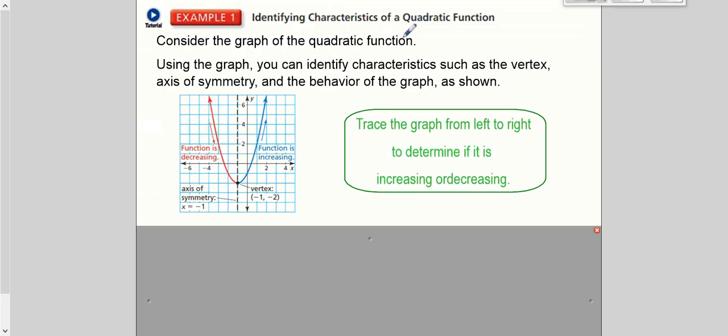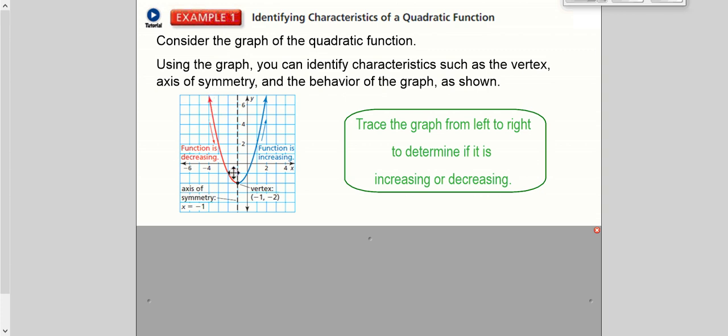Consider the graph of the quadratic function. Using the graph, you can identify characteristics such as the vertex, axis of symmetry, and the behavior of the graph as shown. Trace the graph from left to right to determine if it is increasing or decreasing.